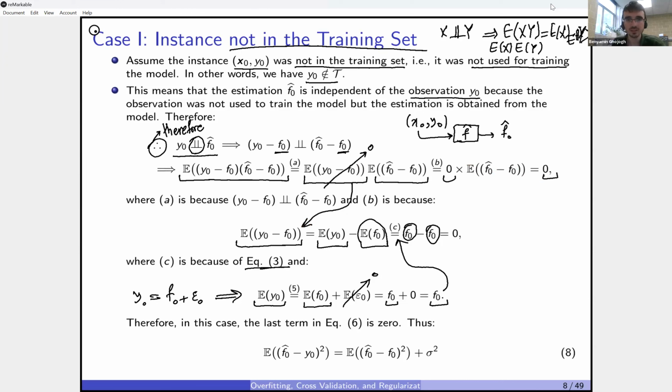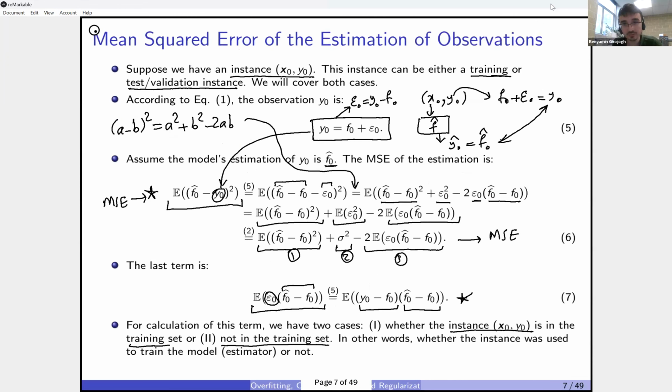Basically, we showed that in case 1, where the instance is not in the training set, the third term of the mean squared error, which is here, is 0. Therefore, the mean squared error in that case will have only terms 1 and 2. So equation 6 is simplified to this.